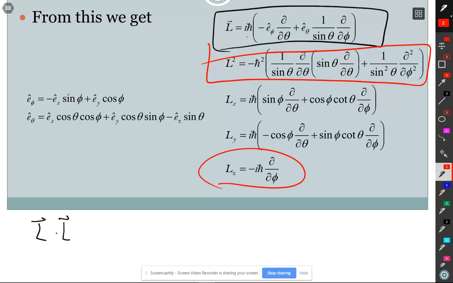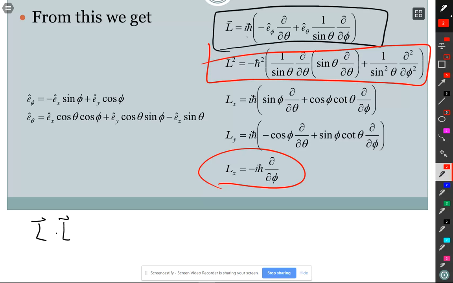But we're defining the Z direction as the axis we're measuring theta from. And with that definition, it turns out that the operator L sub Z is actually really simple in spherical coordinates, which is really nice.